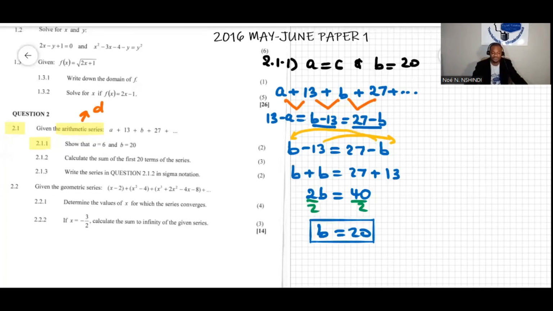Now that we got B, we can substitute that into any of these, over here or there. I'm gonna take this one because we also have 13 minus A equal to B minus 13. So that makes 13 minus A equal to B minus 13, and I sub in the value of B, which is 20, so 20 minus 13.